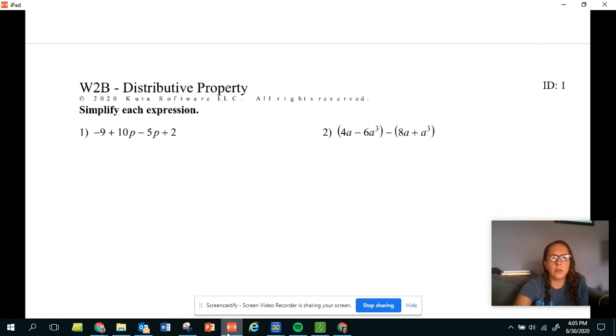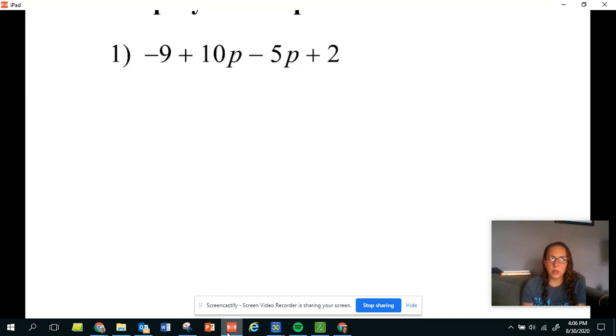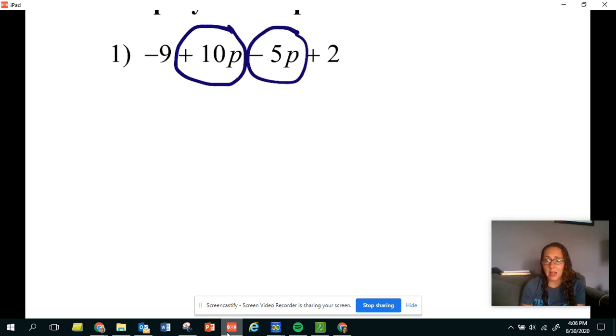So just as a review for what we did the first half of the week, I'm going to go back over combining like terms. In this case, you're matching terms that have the same variable or lack of variable, and you're adding the coefficients, or the numbers, and leaving the variable. It's going to stay the same.